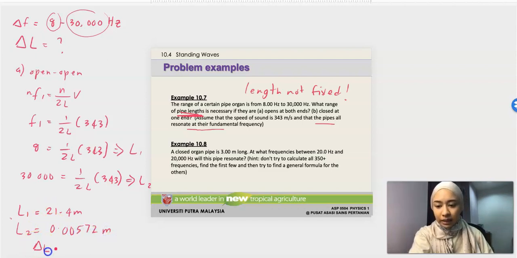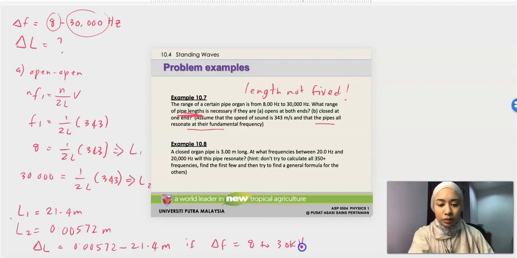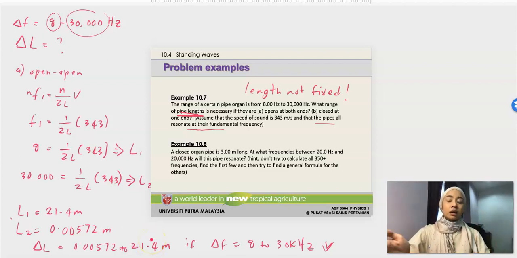So delta L goes from 0.00572 to 21.4 meters if the range of frequency is from 8 to 30 kilohertz. So that is your first answer, your A. 0.00572 to 21.4. It means the length changes, it gives you a different frequency. Okay, but they all resonate at the fundamental frequency.